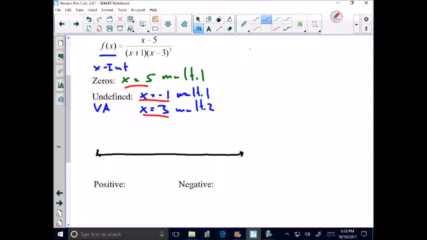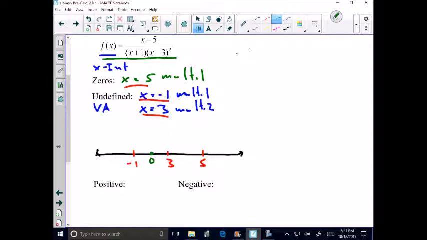So right here we have -1, we have 3, and we have 5 as the places where our function could change signs. And again, just like before, what I want to do is take an x value from one of my 3 intervals and plug it back into the function and determine if that x value is going to make my function positive or negative on that interval. So right here, the easy x value to choose is 0.